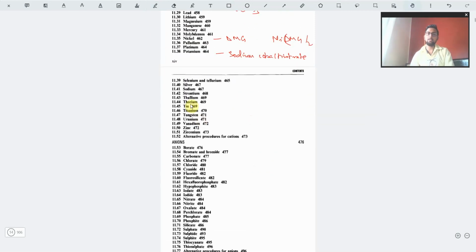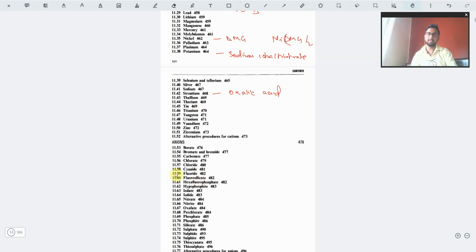For strontium we use oxalic acid, or oxalate. I just remember a few of them. So if you want to go through the precipitating reagents of the cations, you can go through all of them, and obviously not each and every part of this is in your syllabus, but you can go through it.